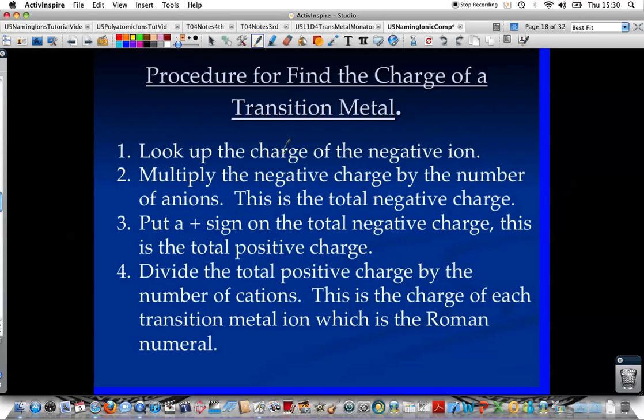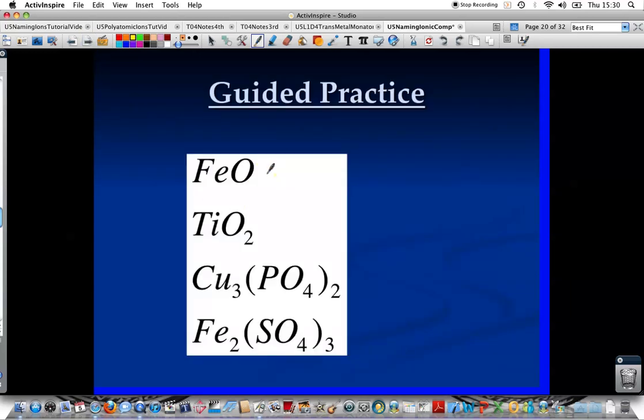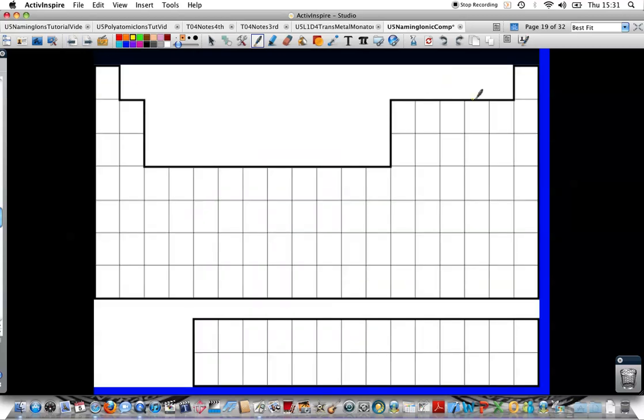We look at another, here's a procedure. If you need a procedure, you can just pause and read through that. That just walks you through what we just talked about. Here's some more examples. If we have FeO, if I back up, oxygen's in group 16, it has a -2 charge. Okay?